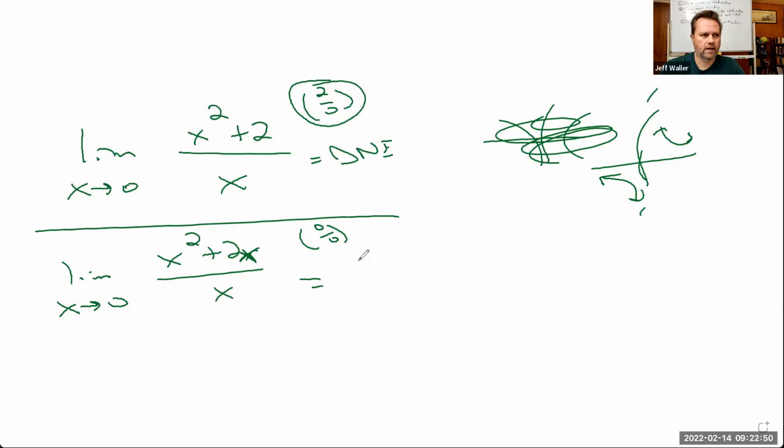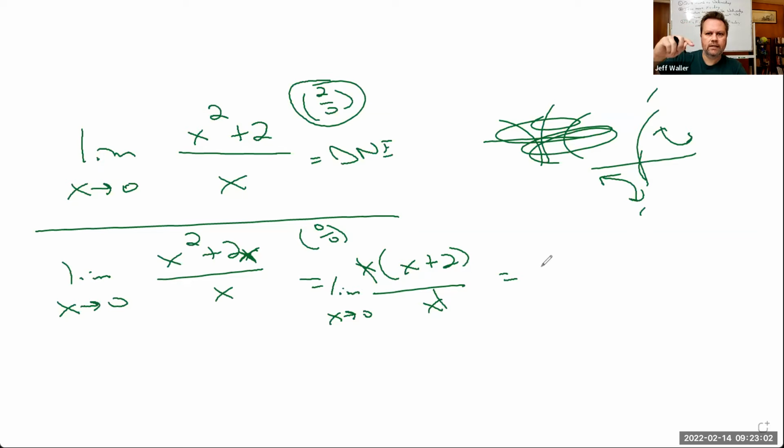Because how do you factor the top? I'd take an x out, and it'll be x plus 2. And don't forget your limit. You got to model good behavior. You always write the limit until the step you put the value in. And of course, now what do I get? 2.